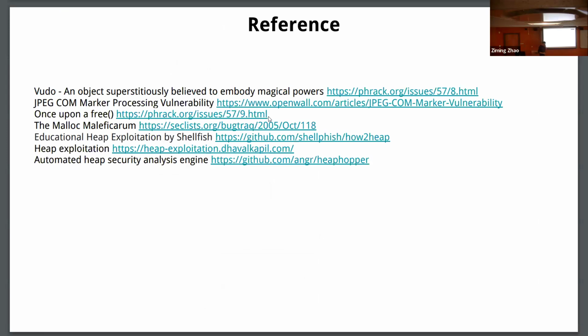So heap is really complicated stuff, as you can sense. I took a lot of materials from those resources. If you are into this, actually, I also need to explore more about heap, especially at the kernel level. I think the first three are maybe the very early versions of heap exploitation.